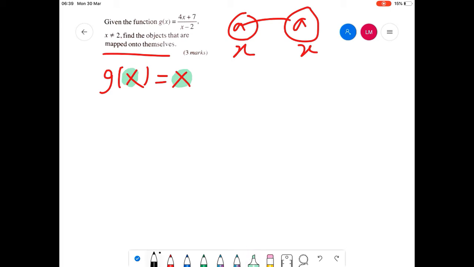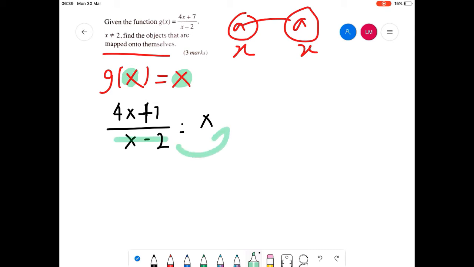Now, that means (4x plus 7) over (x minus 2) is equal to x. So we are going to bring this part to this side. Here we are going to have 4x plus 7 equal to x squared minus 2x.